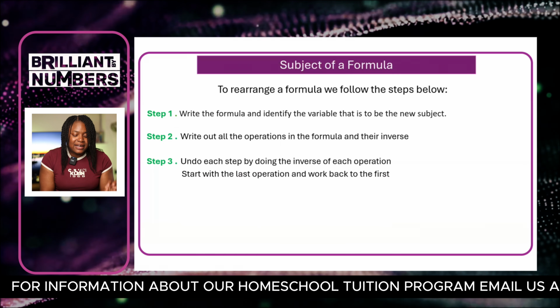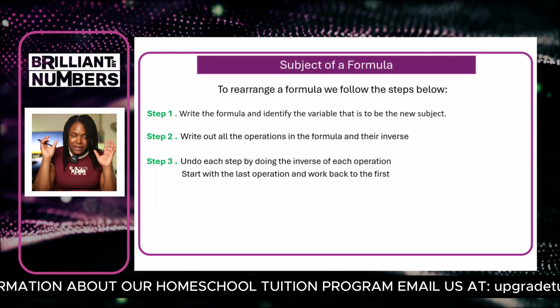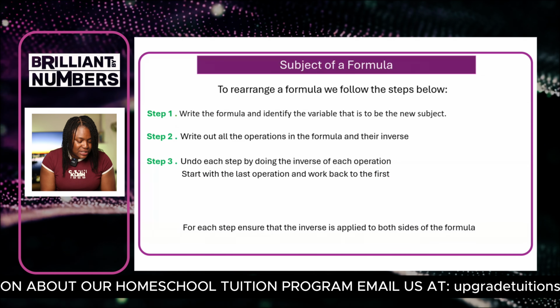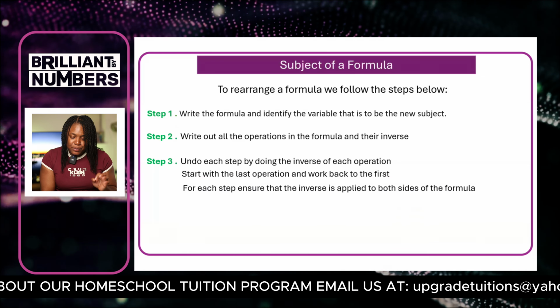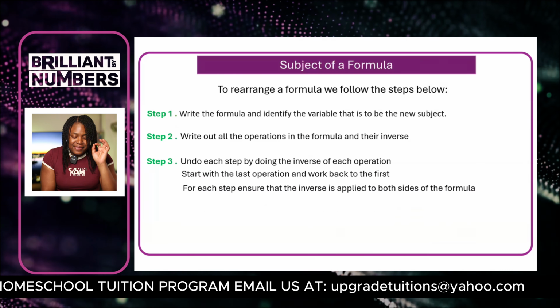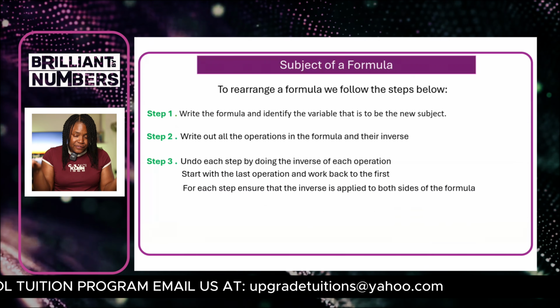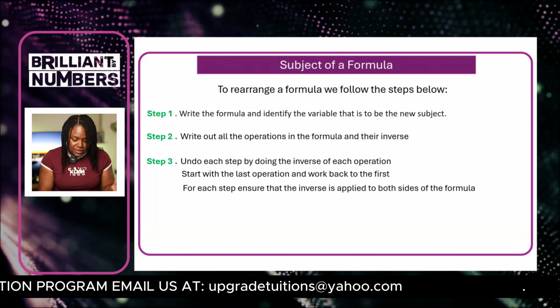We always start with the last operation and then work backwards to the first operation that was done. Now for each step, we ensure that the inverse, very important note here, the inverse has to be applied to both sides of the formula to keep that balance.